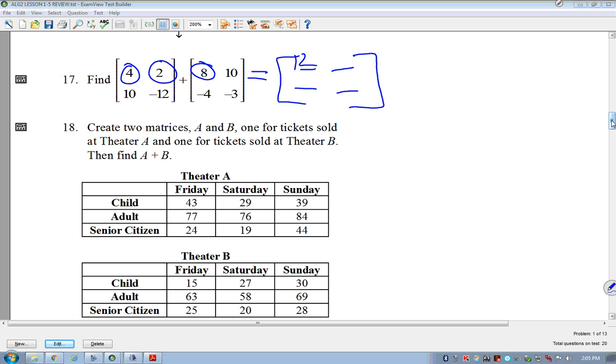Okay, 2 and 10, corresponding position. 10 and negative 4. Okay, negative 12, negative 3. All right, so that's what I should get. Does that make sense? Okay, we got that. All right, last one.